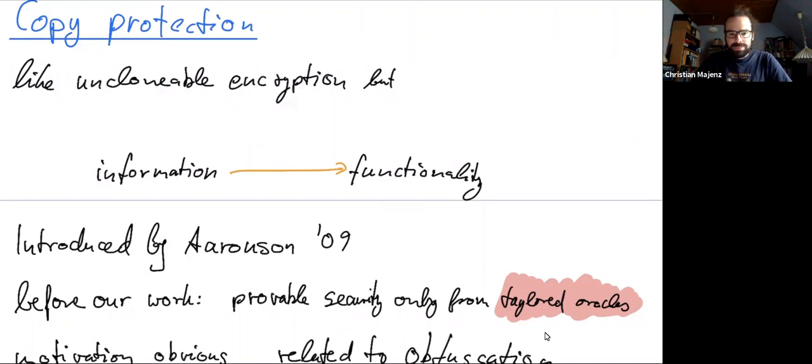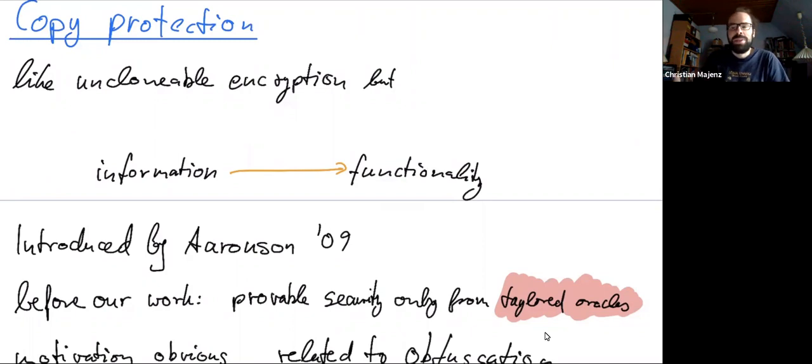This concept was introduced by Aaronson in 2009, with the hope of being able to do something like this using the quantum no-cloning theorem. Before our work, provable security for copy protection was only achieved using what I would call tailored oracles.